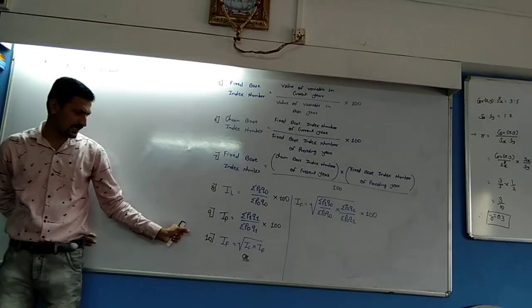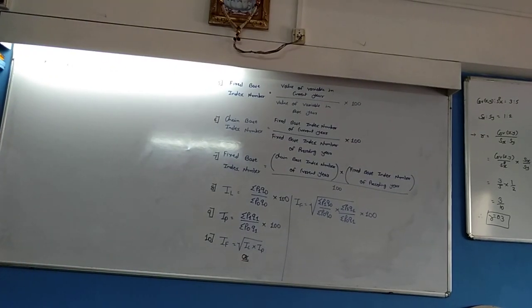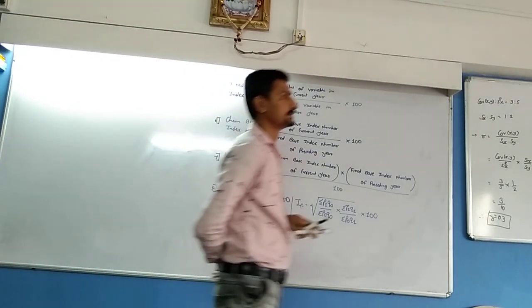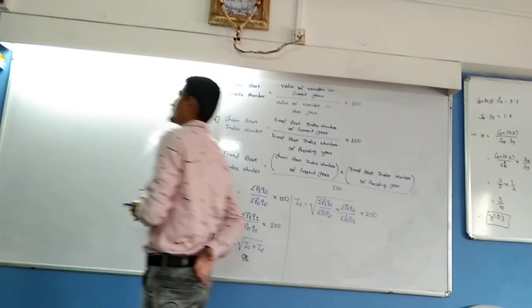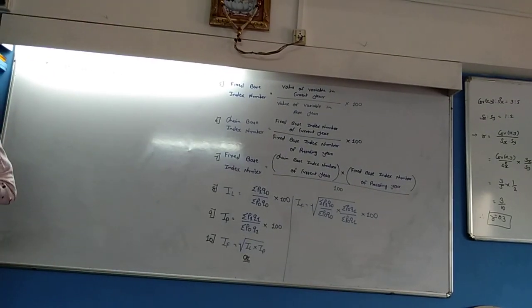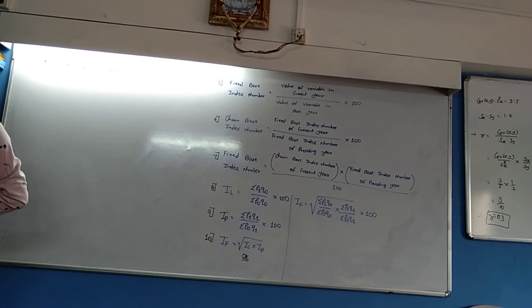Next, after formula number 10, write down some important measures. 1000 grams is equal to 1 kilogram.